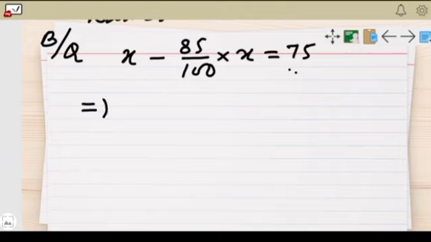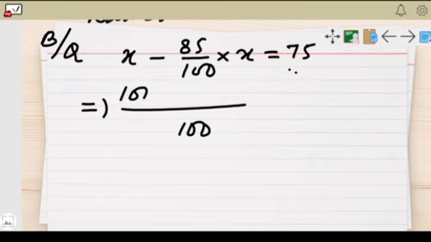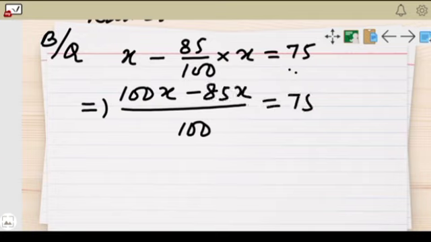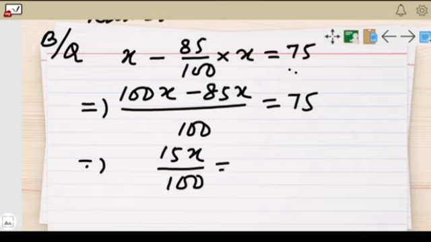And then if you want to cancel 85 and 100, you can, or else you can just do like this also again. It will be definitely 100. And then here 100x minus 85x equal to 75. Now 100x minus 85x, we have 15x divided by 100 equal to 75.